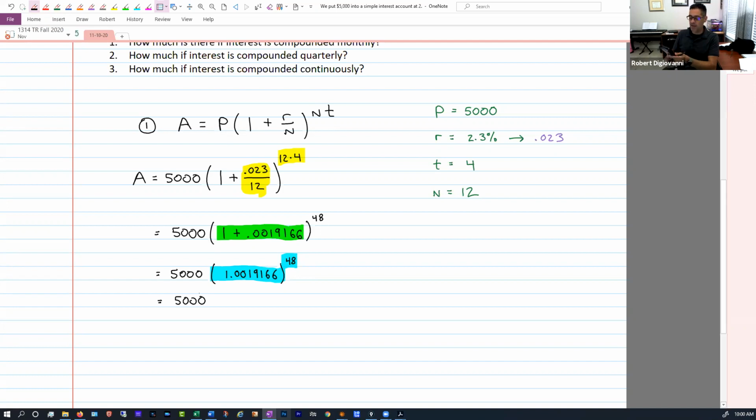I'm going to tell you what answer I get, and hopefully yours is pretty close to this. 1.096264. And again, you can go out as many decimal places as you want with your calculator. Does anyone have a question on that or have trouble on their calculator getting that?